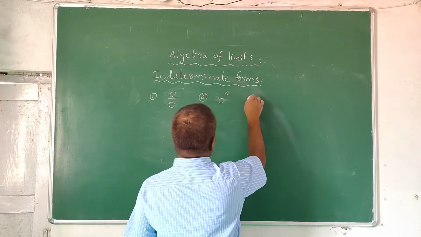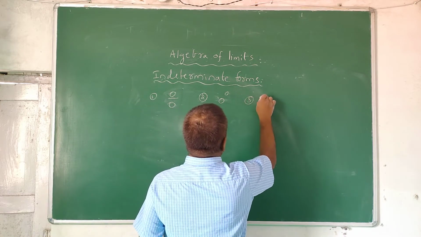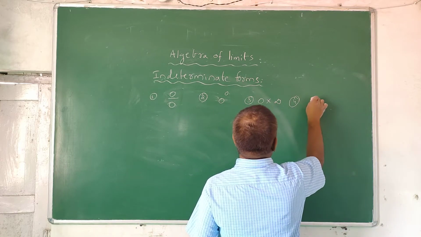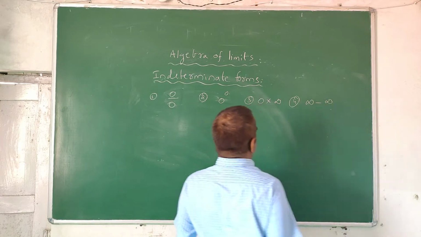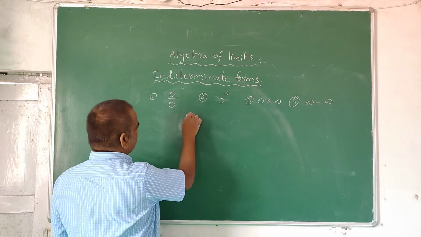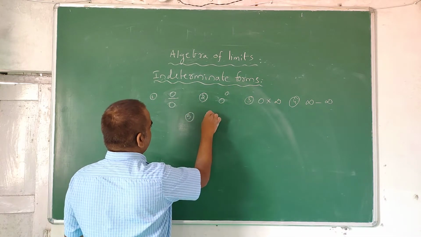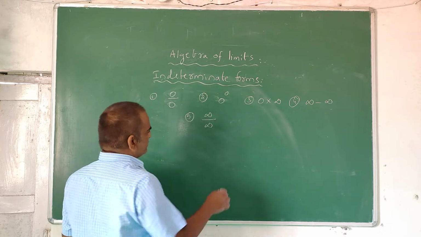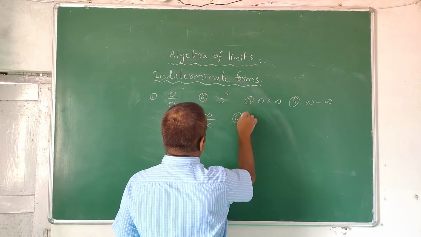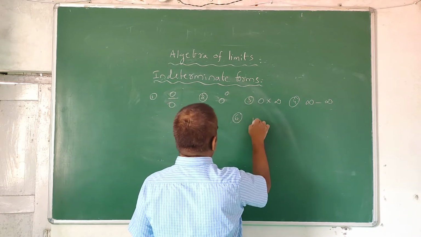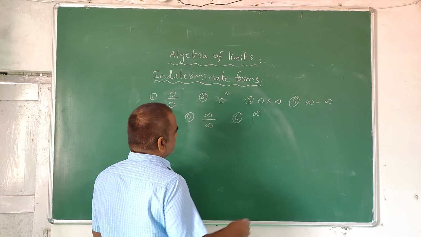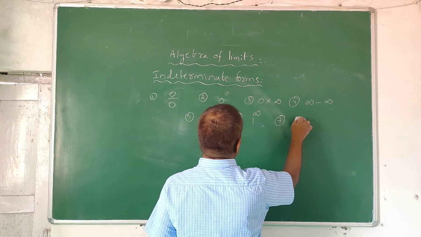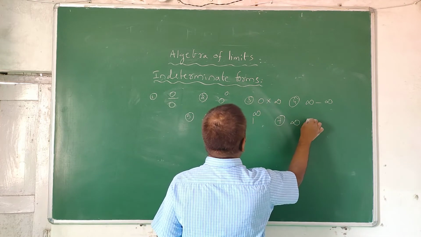Number 3, 0 into infinity. Number 4, infinity minus infinity. Number 5, infinity by infinity. Number 6, 1 power infinity. Number 7, infinity into infinity.